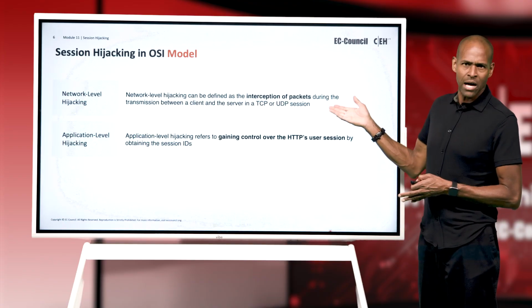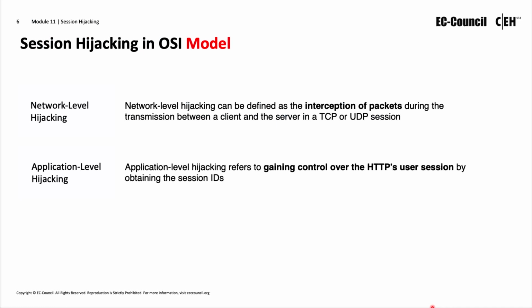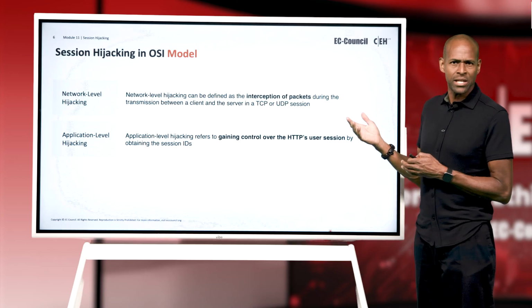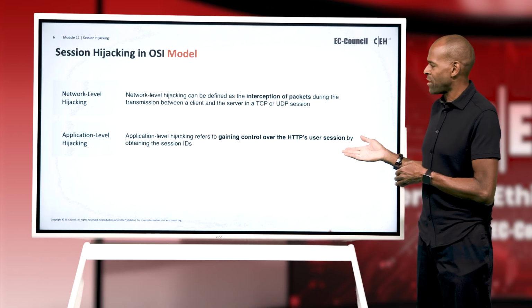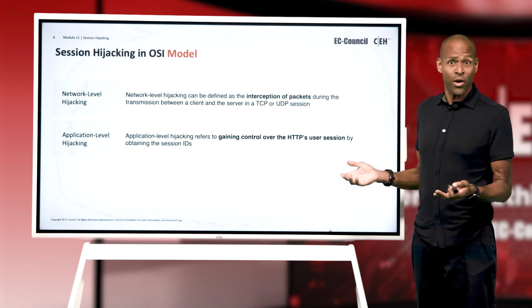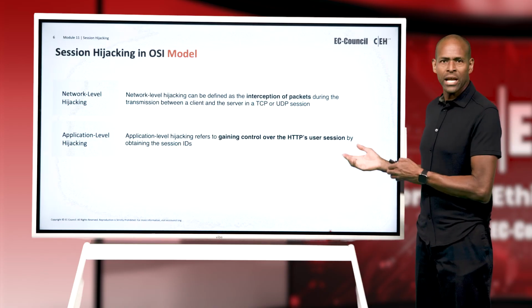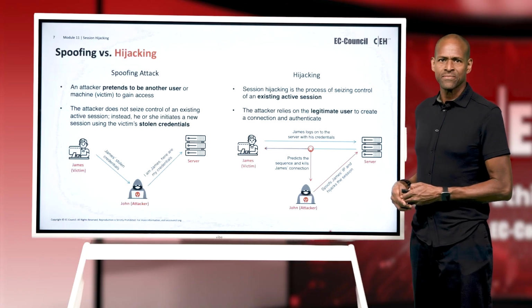One area at the top is the network level, where we're looking at TCP or UDP. Right above the network layer, we have layer 3, which is network, and then our session layer is layer 4. And then also at the application layer, which is going to be layer 7 of the OSI, and they're looking at HTTP in this case.